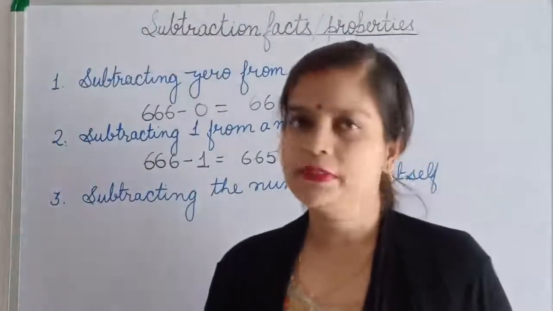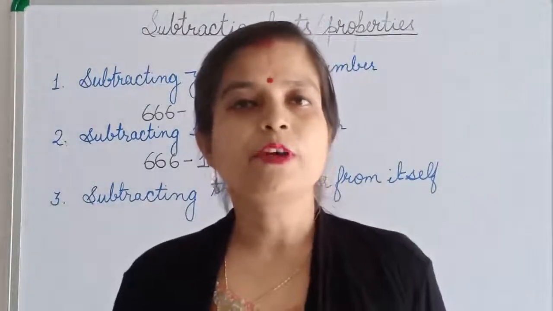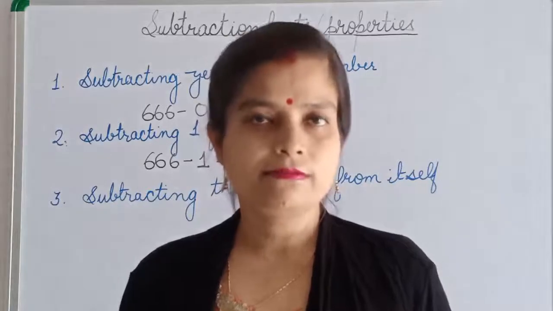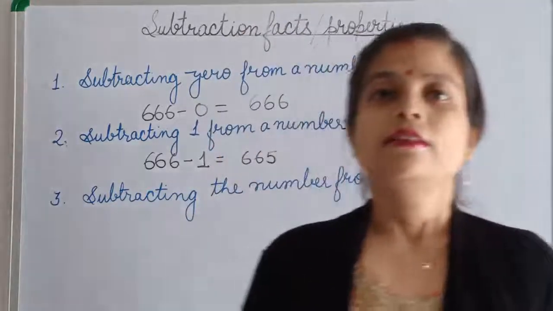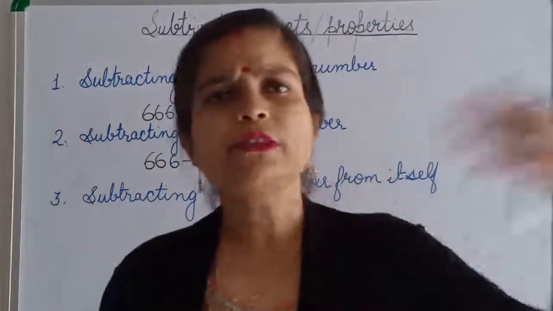You have 100 rupees, and you have given 100 rupees to someone. So what money will you have now? 0. What if you have 200 rupees, and you have given 200 rupees to others?